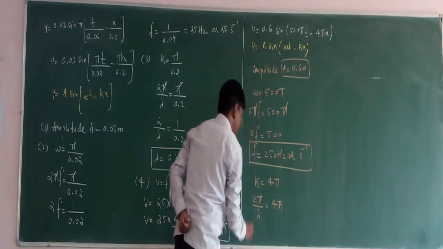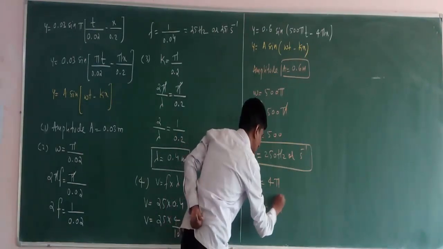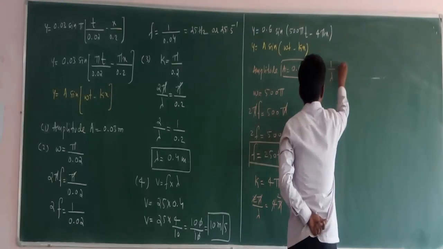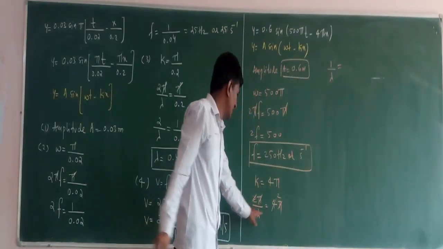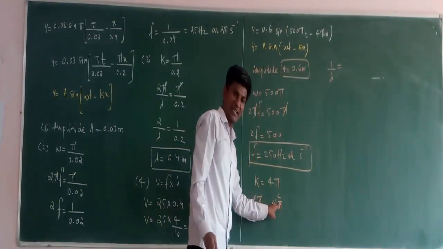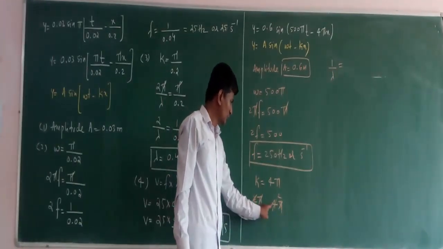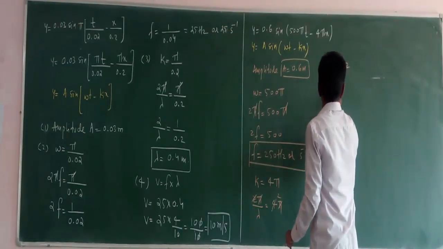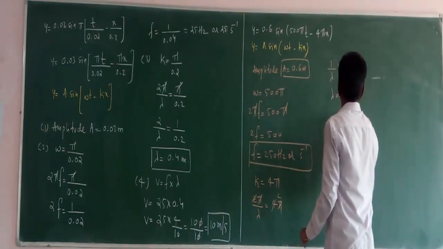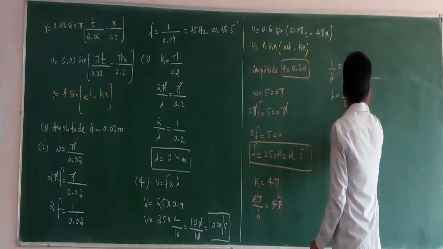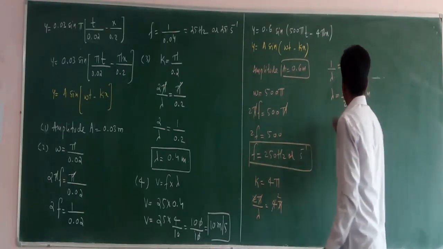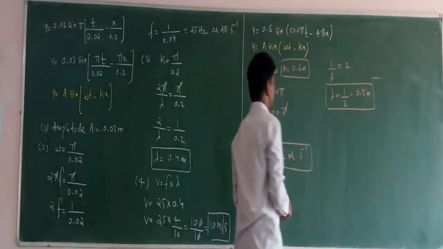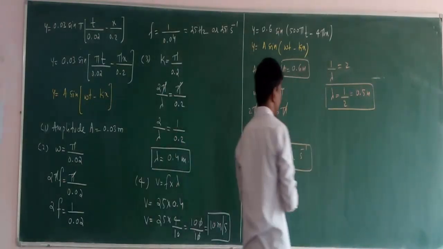Pi cancels, 2 goes into 2 once, 2 goes into 4 twice. So 1 by lambda equals 2. Then lambda equals 1 by 2, which is nothing but 0.5 meter. This is your wavelength.